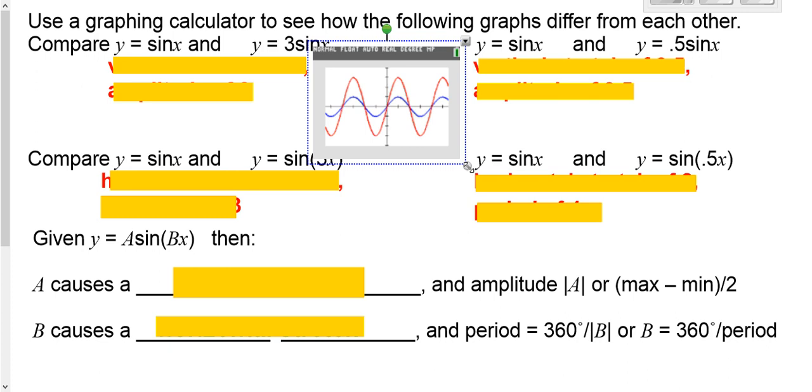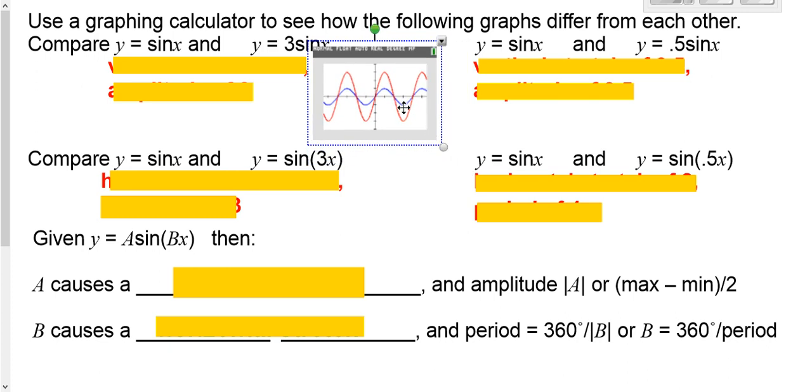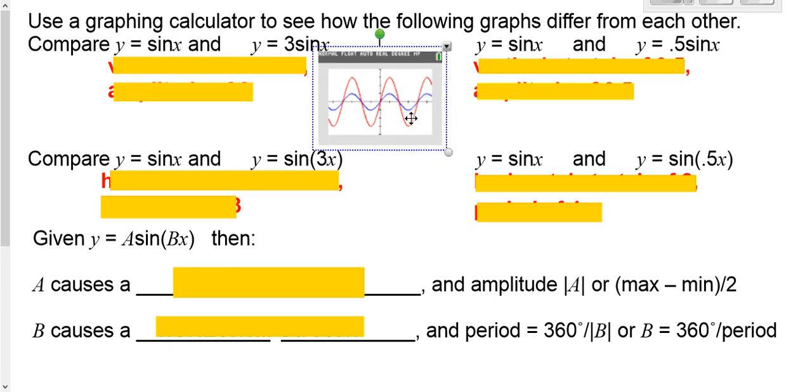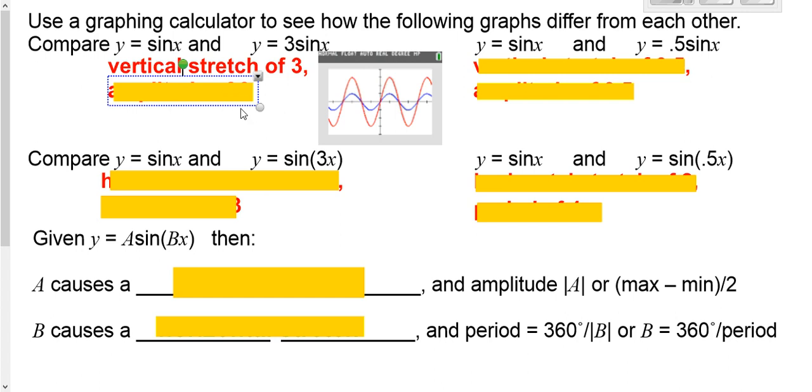Amplitude is how far up and down you go before it goes above and below your axes. So blue, the original, only went up 1 and went down 1. The red went up 3 and down 3. In other words, we had a vertical stretch of 3, which means our amplitude is 3.